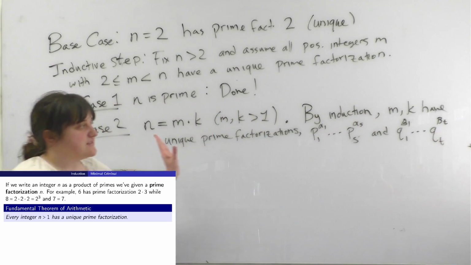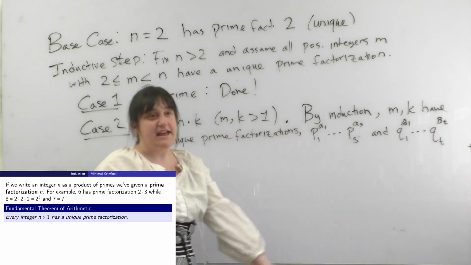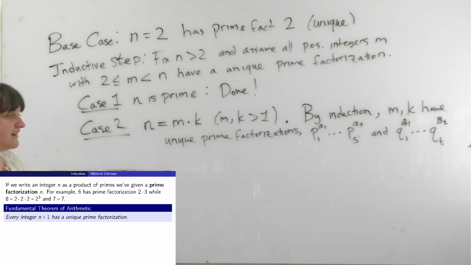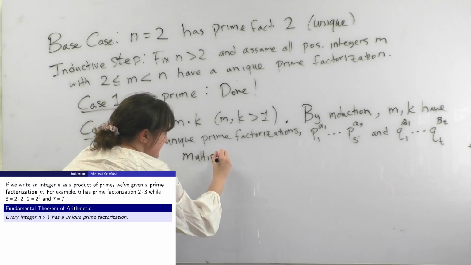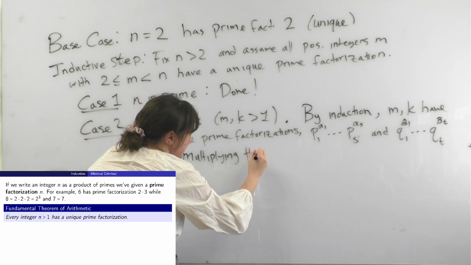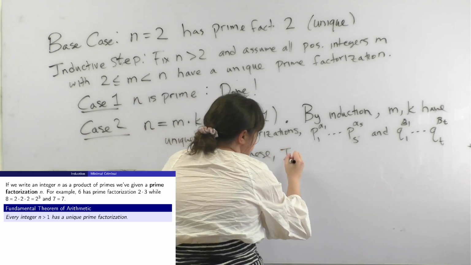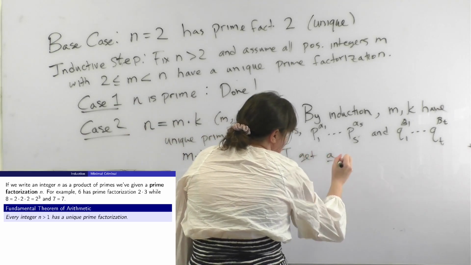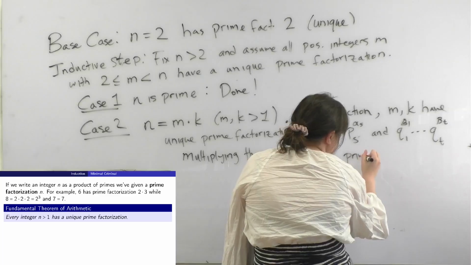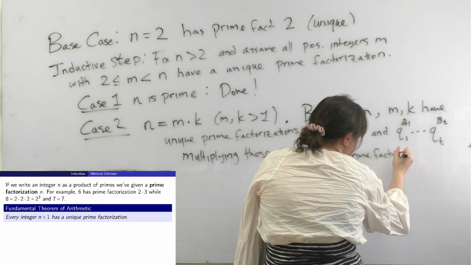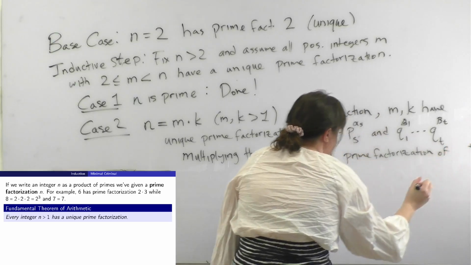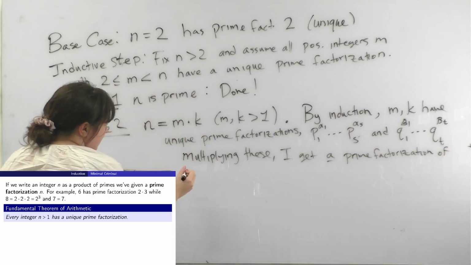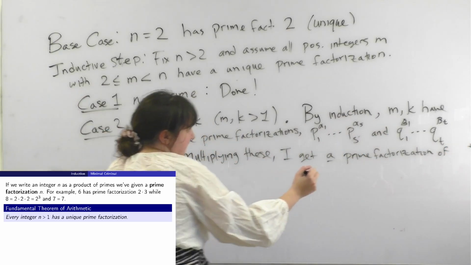And so I can just jam these 2 together and get a prime factorization of n.